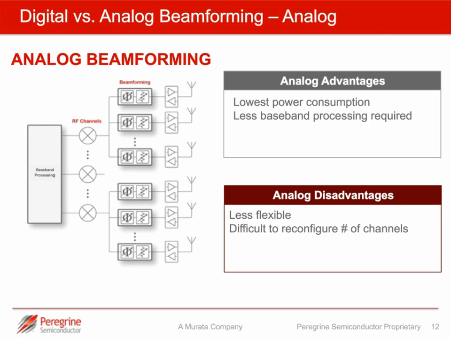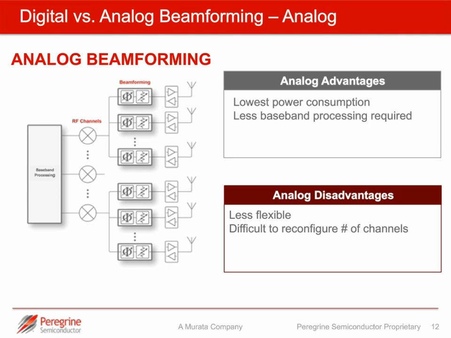This is somewhat pre-configured, so you can have multiple RF channels transmitting unique information, but you need completely separate RF paths and analog beamforming paths, and you have separate antenna arrays for each channel. So this system is less flexible, it's lower power, and it's more difficult to reconfigure for different requirements.